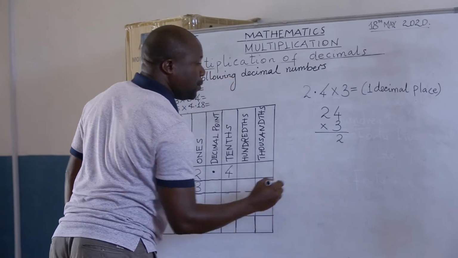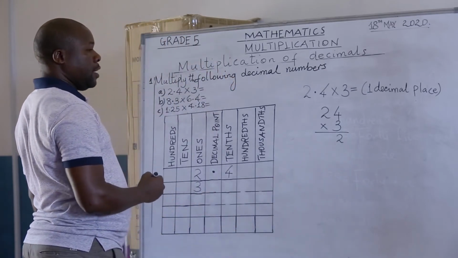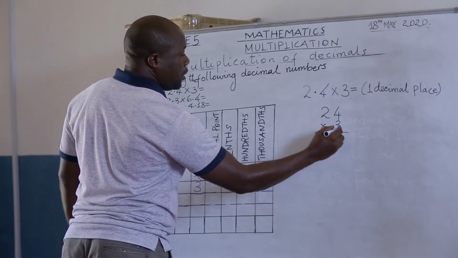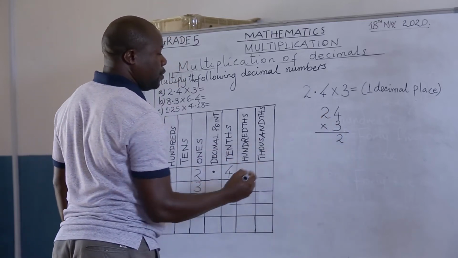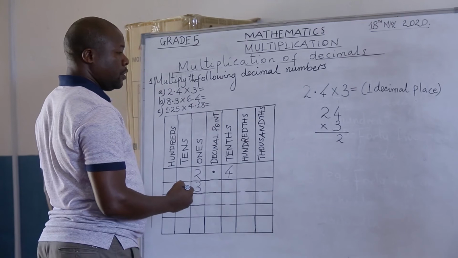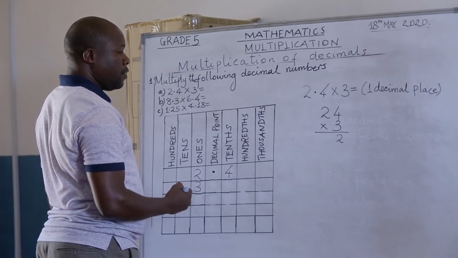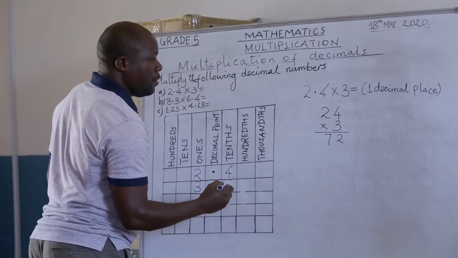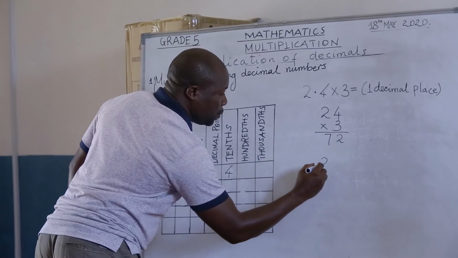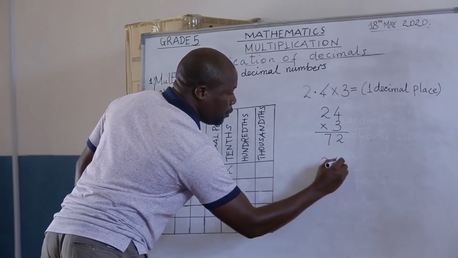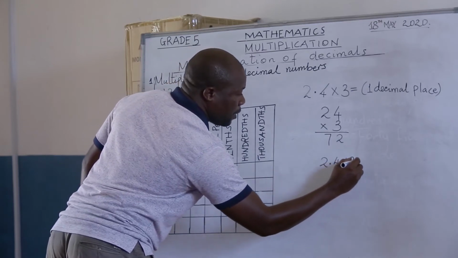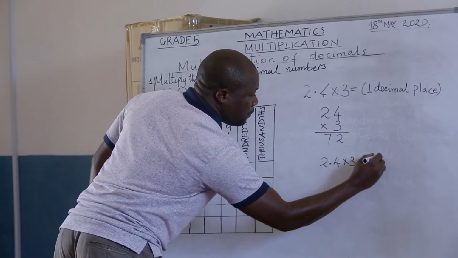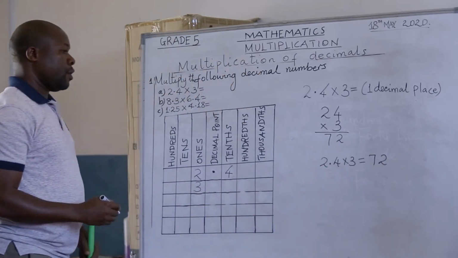Write number 2 and carry 1. 3 multiplied by 2 is equal to 6 plus the one we carried will be 7. Therefore, 2.4 times 3 is equal to 72.